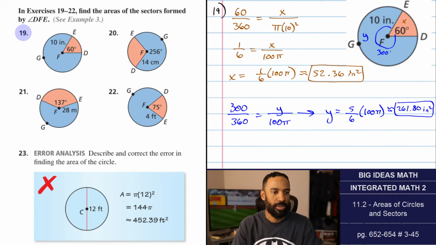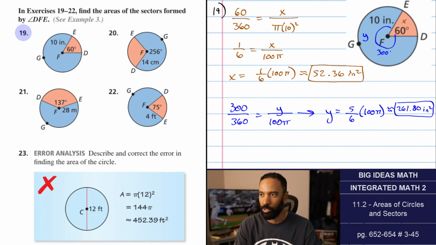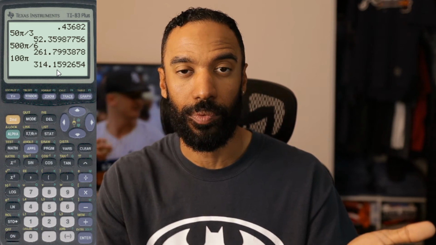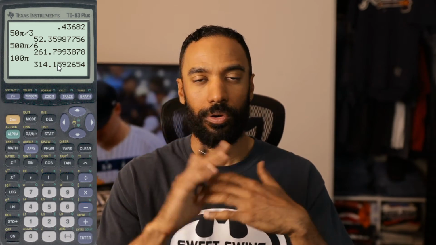Let's do this in our head. 261.8 plus 52.36 is 314.16. I'll check 100 pi in the calculator. Oh, duh, it's 314.159, so 314.16. Those two added together are that.